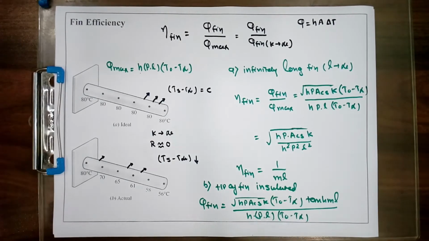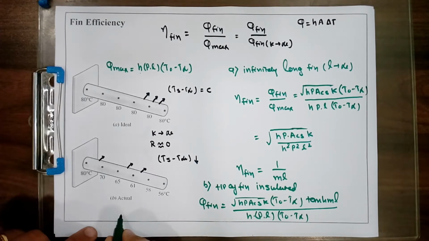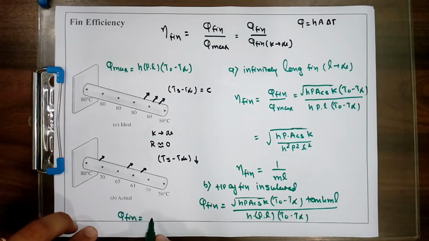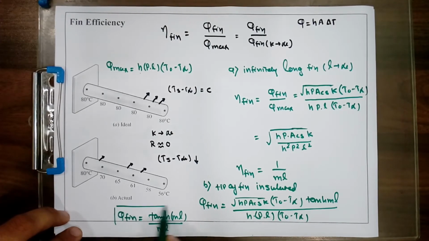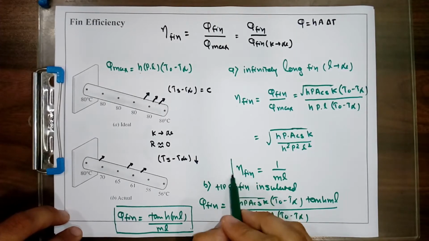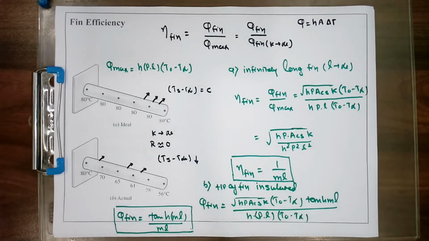So by simplification we get the efficiency in case number 2 equal to tan hyperbolic mL divided by mL. So these are two expressions which are very important for solving numericals, as this kind of question is asked in our university examinations.